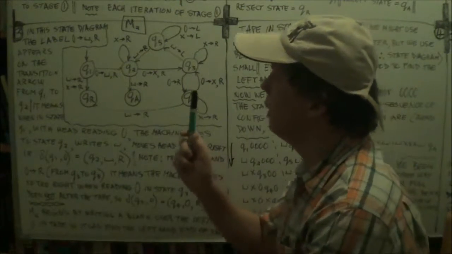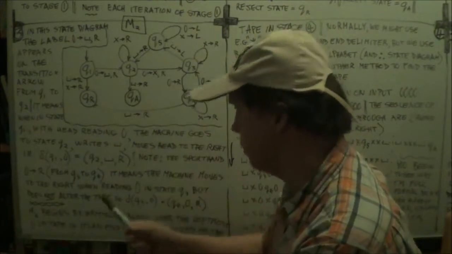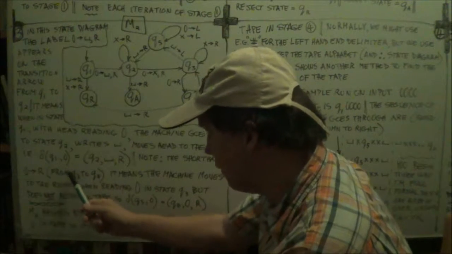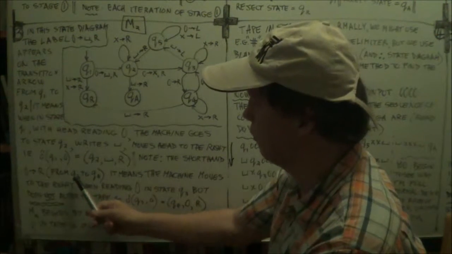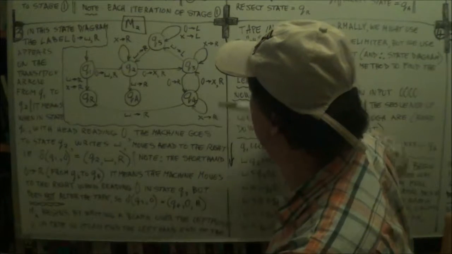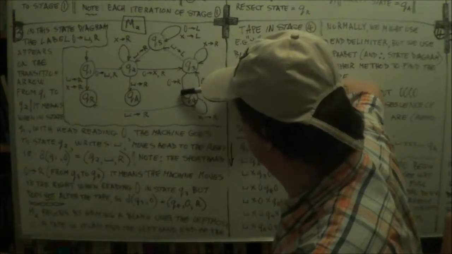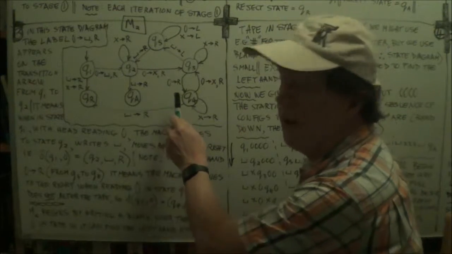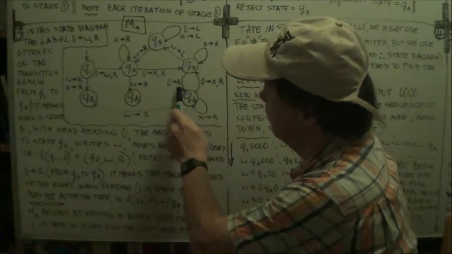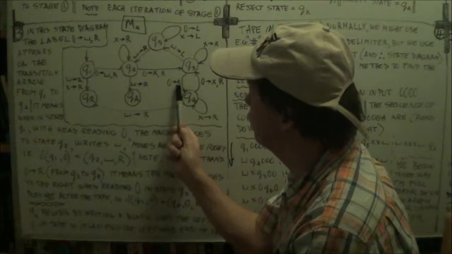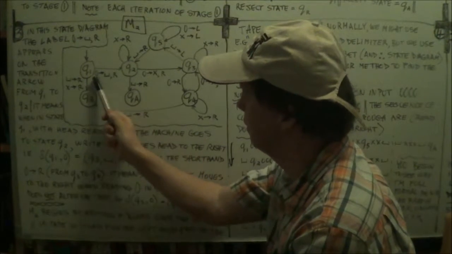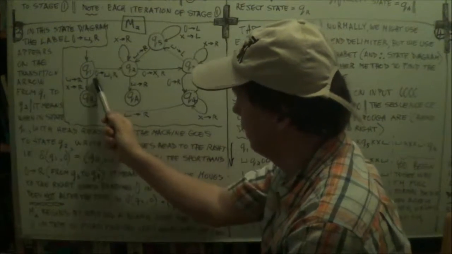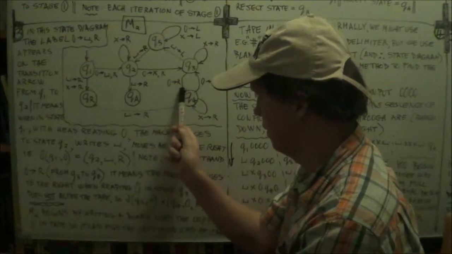All right, now the abbreviation. Let's use the one here. Have a look at the transition from Q3 to Q4. Okay, so 0 arrow R. Now that's even shorter. There are only 3 marks here, and there were 5 here. So what does this mean?